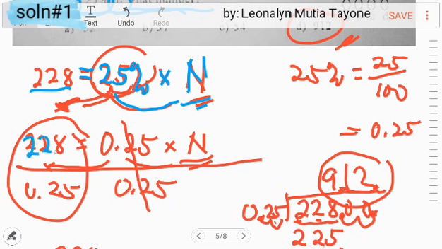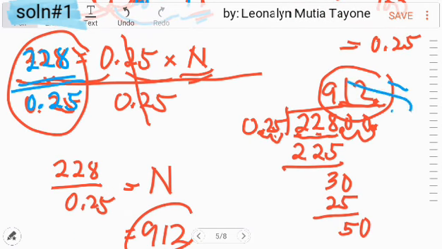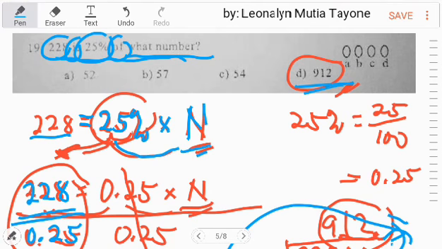Kaya naging 228 divided by 0.25. Kasi si 25%, kinonvert natin into decimal form. Ngayon, itong 228 over 25, yan na yung dinivide natin dito. Sinolve natin. So, ang answer na 2 ay 912. Yan na yung sagot. Letter D.